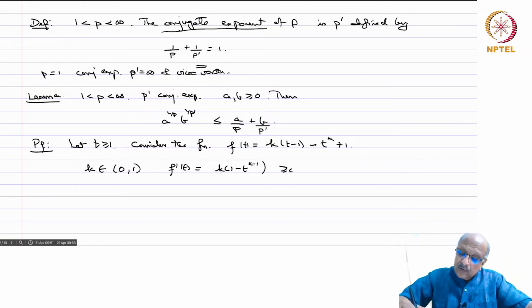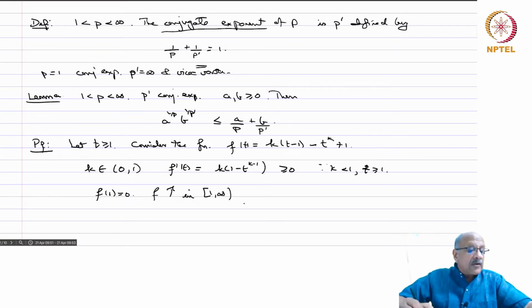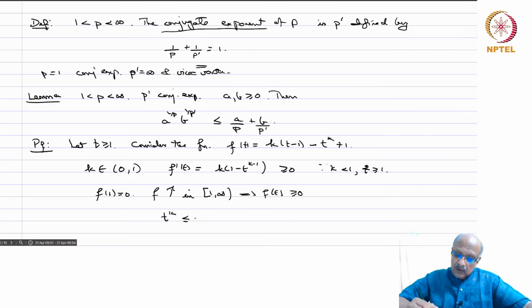And this is greater than or equal to 0 since k is less than 1 and t is greater than or equal to 1. Therefore, since f(1) equals 0 and f is increasing on [1, infinity), this function has to be always non-negative, so f(t) is greater than or equal to 0. So t power k is less than or equal to k times (t minus 1) plus 1.